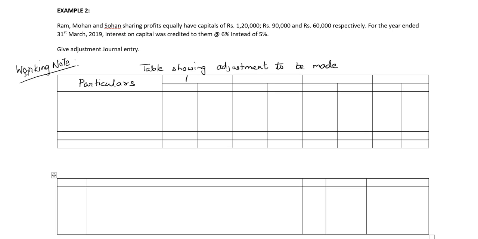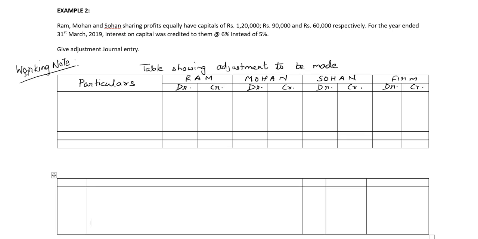First partner is Ram, divided into debit and credit. Second partner Mohan, divided into debit and credit. Third partner Sohan, divided into debit and credit. And the final column for the firm, which is again divided into debit and credit.